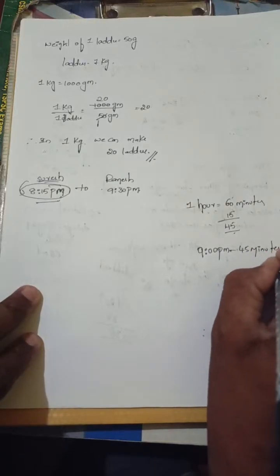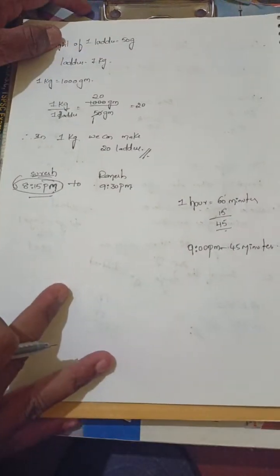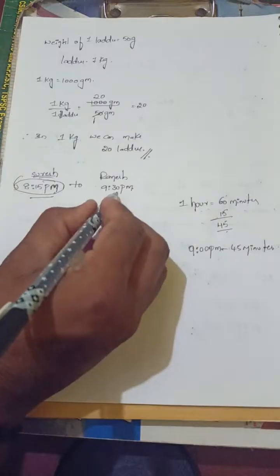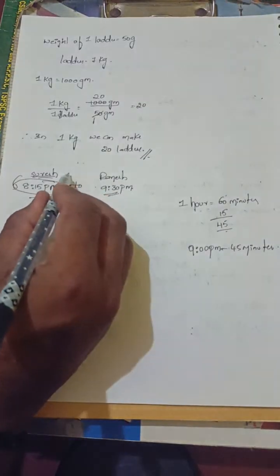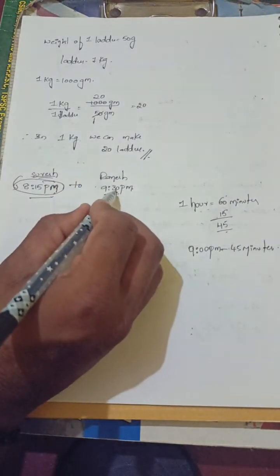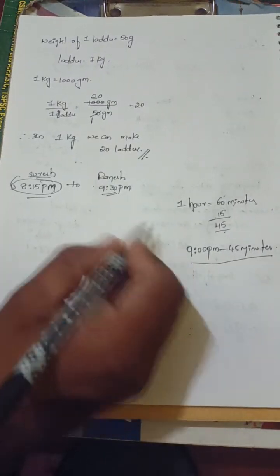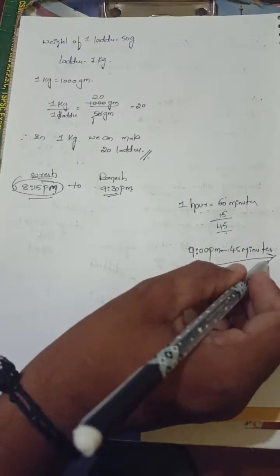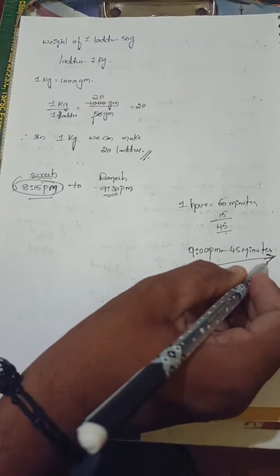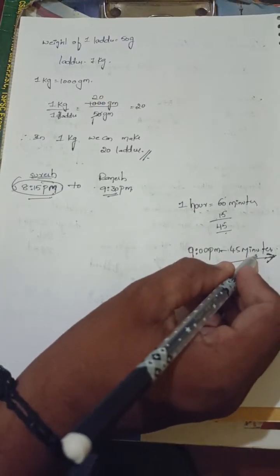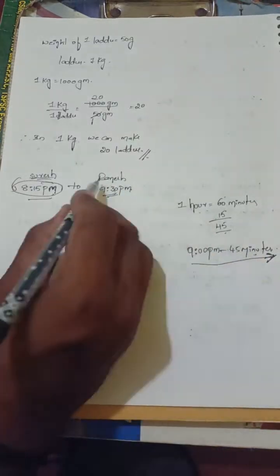Up to 9 p.m. he walked 45 minutes, and then he is going to reach Ramesh's house at 9:30 p.m.